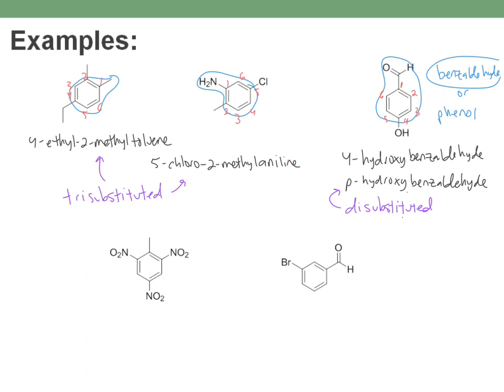Let's go down to this one, far left. This is a fun little molecule. I see I've got a toluene, and I've got a bunch of nitro groups on here. You just name them nitro groups. So there's my 1, 2, 3, 4, 5, 6. Doesn't matter which way you go, either way it's the same. So I have 3 nitro groups, and they're at carbons 2, 4, and 6.